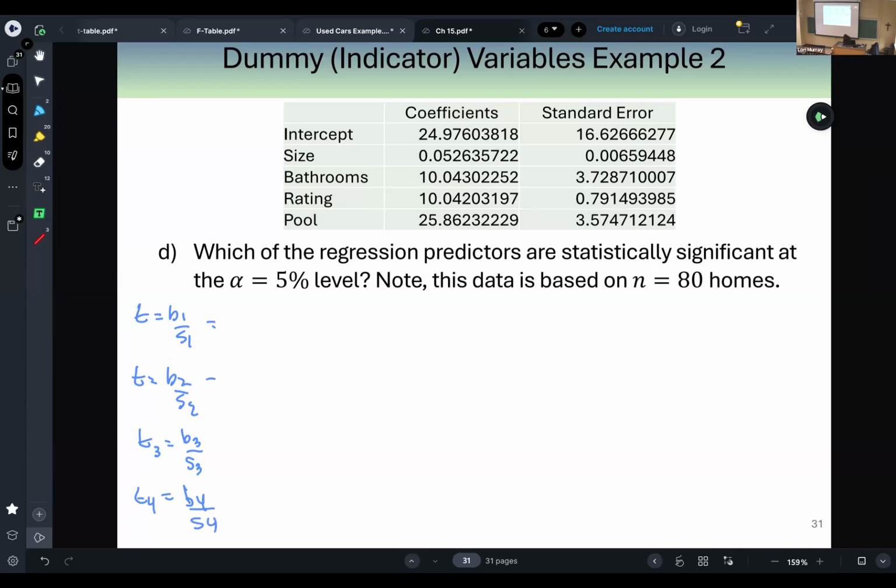And we need to get all those values. If you can help me get those, that would be good. I need to plug in because I'm losing power, but you just literally take the coefficient, divide it by its corresponding standard error, and we're going to compare it to 1 critical value, and we'll know exactly if the value is significant in predicting the house price or not.